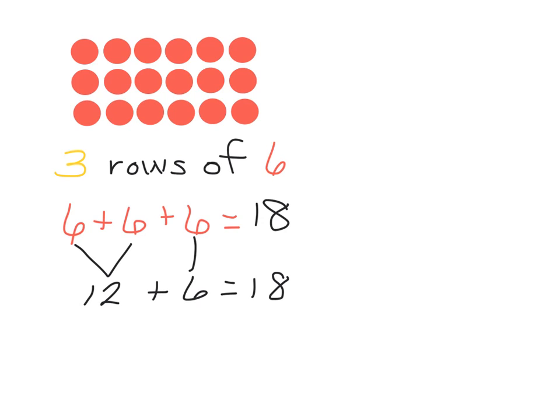So let's look back at what we did. We have 3 6s written as add-ins in the number sentence. Why did we do that? Well, remember, each 6 stands for the 6 circles in each of the 3 rows.